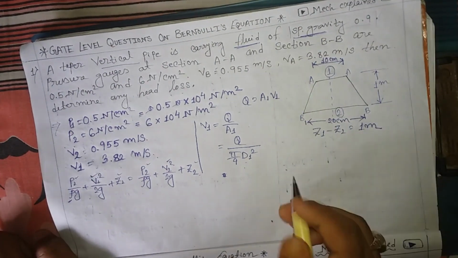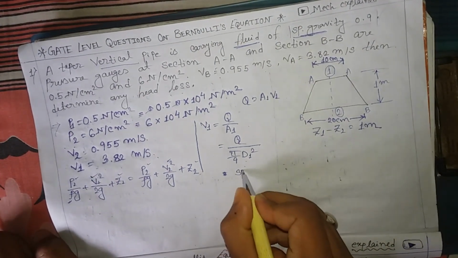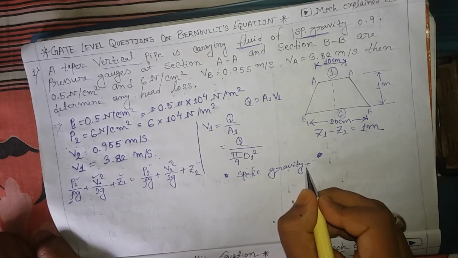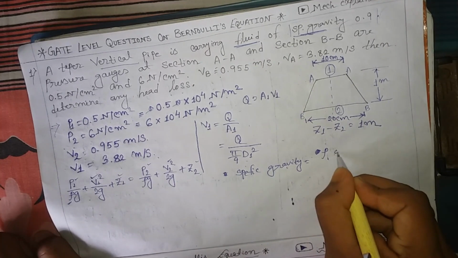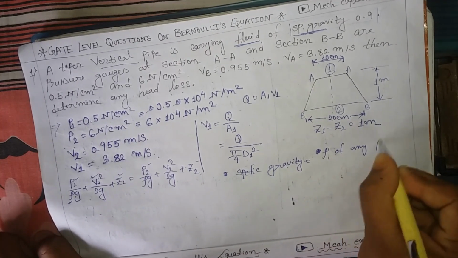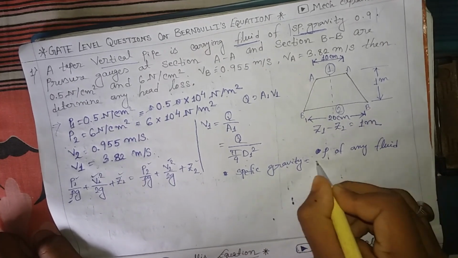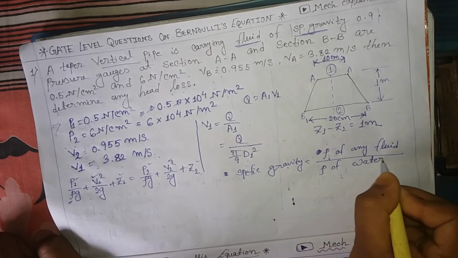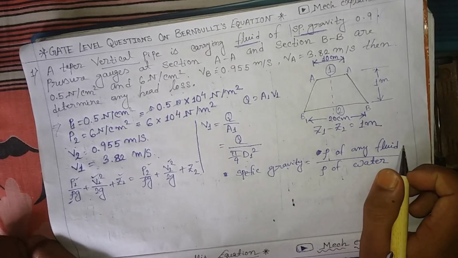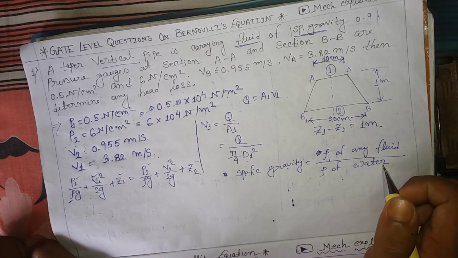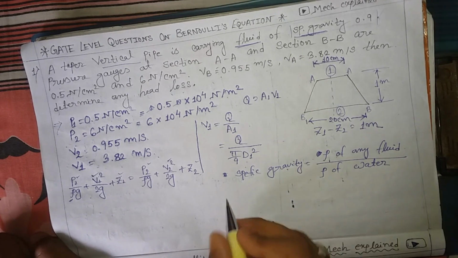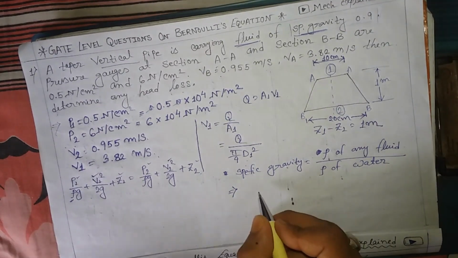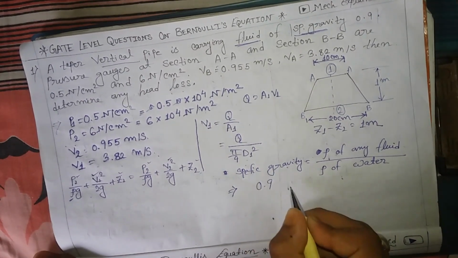What do you know as specific gravity? It is the ratio of the density of any fluid to the density of water. When we compare the density of any fluid to the density of water, we call it specific gravity. I told this in the basic introduction lecture. So specific gravity is 0.9.